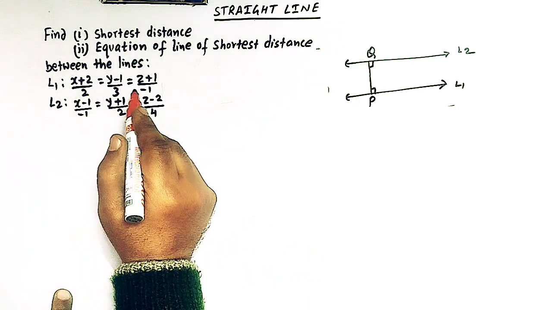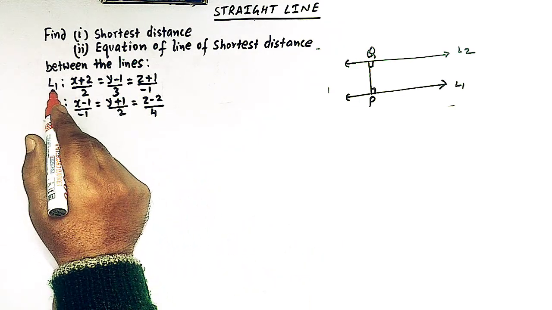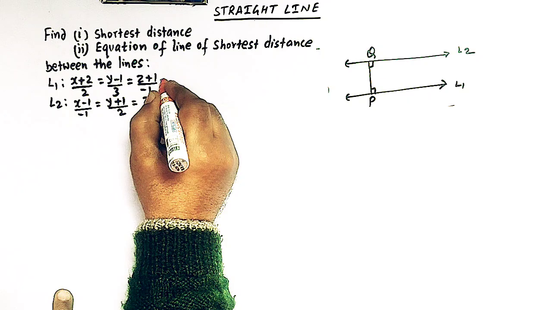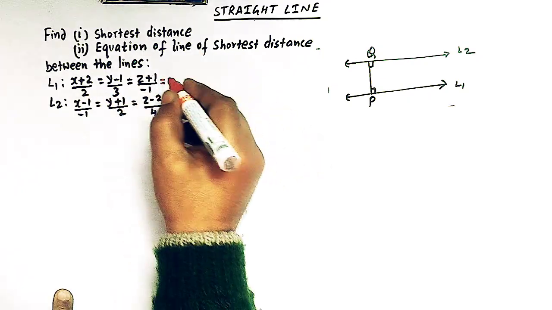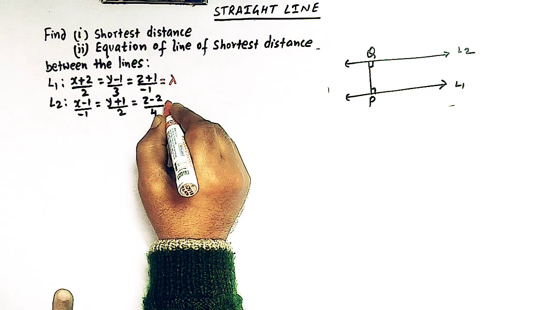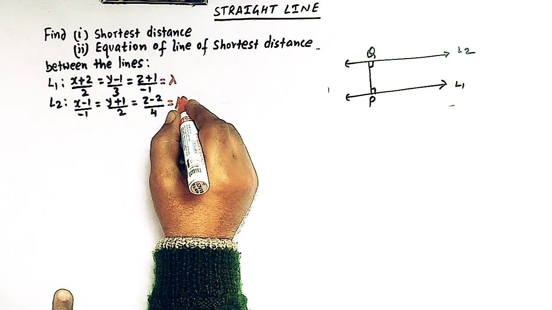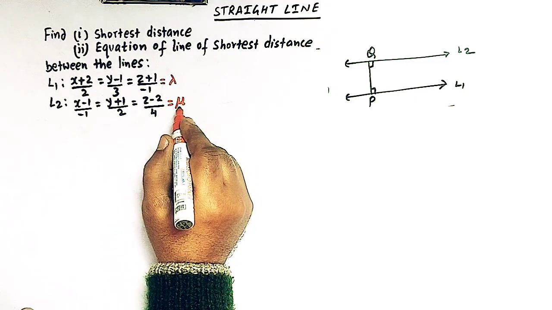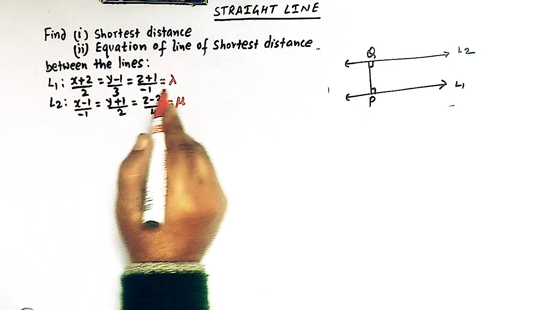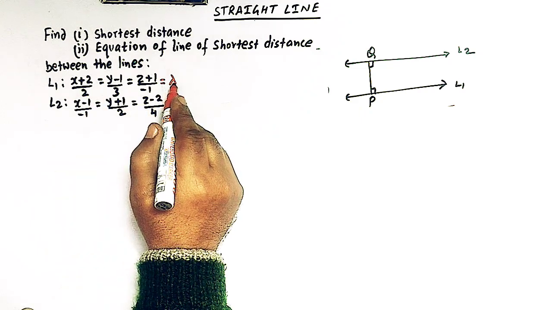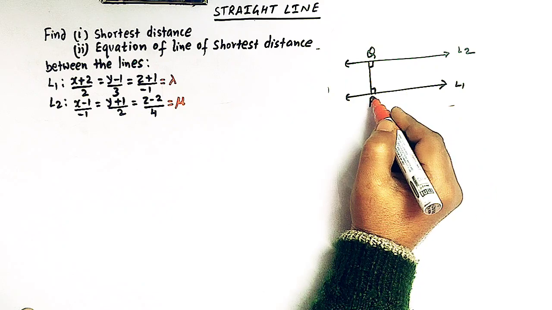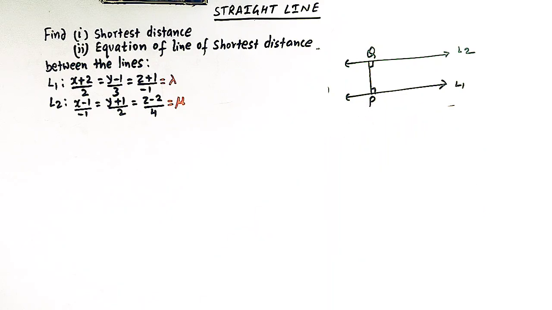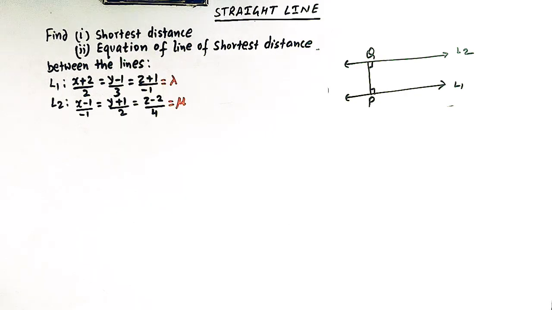We are given the equations of the lines L1 and L2, so let us introduce a scalar lambda and another scalar mu, and for some value of lambda and mu, we have the coordinates of the point P and the coordinates of the point Q.